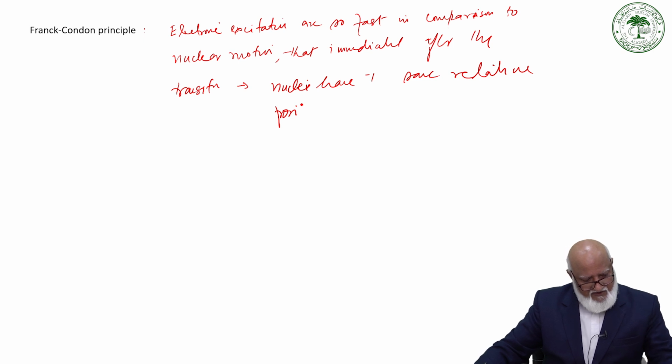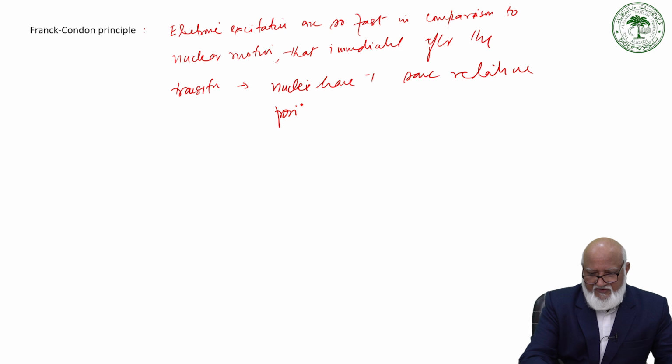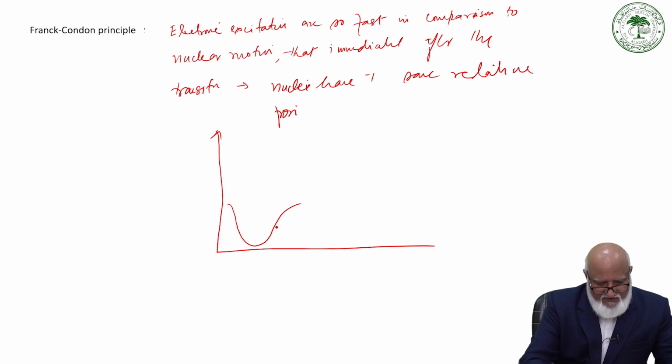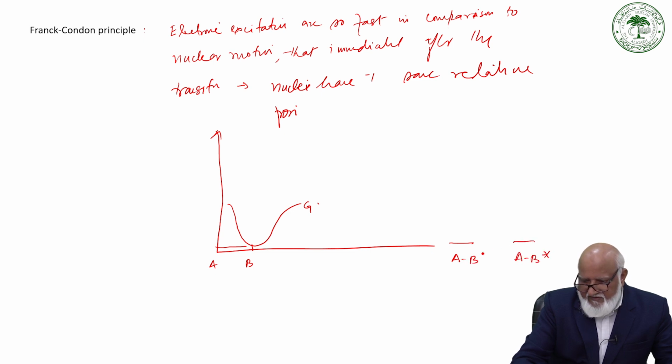We have energy here, and this is the ground state curve for a diatomic molecule AB, and then there is the AB star, the excited state. In the ground state we have the electron filled, and this is HOMO, and this is LUMO.